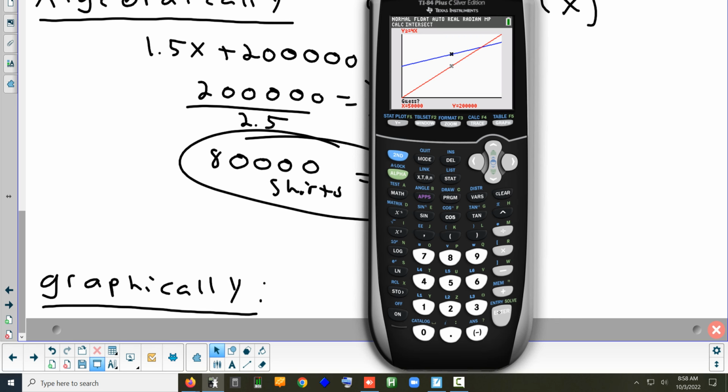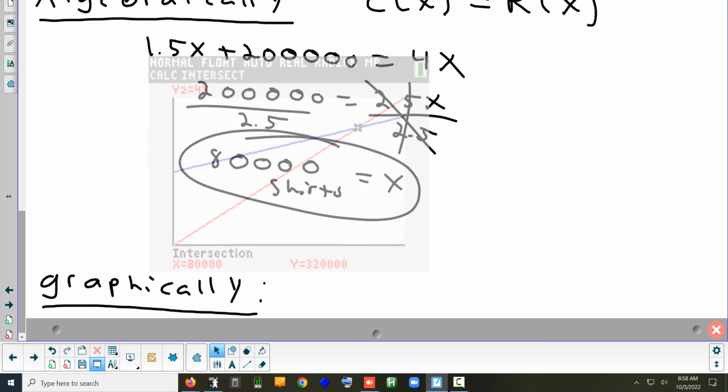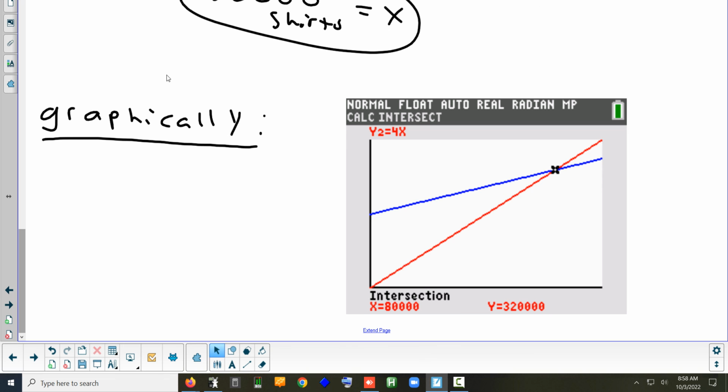So the second time? For the guess, you want to put it roughly around where you think it should be. Yeah, you can move it a little closer. That's good enough. And then you press enter again, it'll give you the answer. Yep. So when we do that, you can see we get the same thing. We get 80,000 shirts.